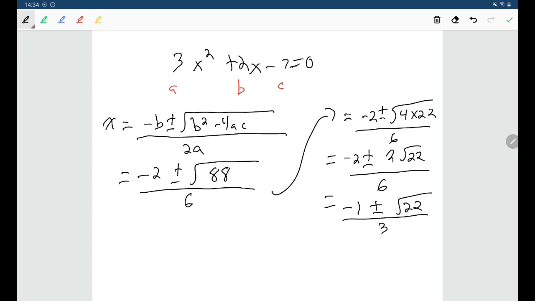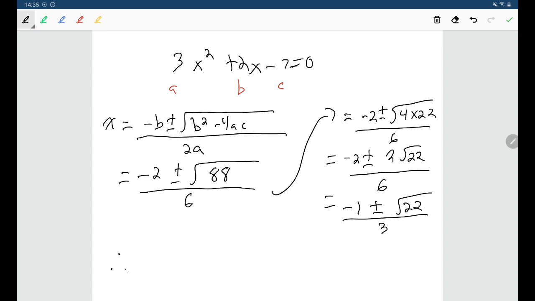And so now I have negative 1 plus or minus 1 root of 22 divided by 3. So notice here, since 2 is a factor of those whole numbers, of negative 2, of 2, and of 6, then I can divide them all by 2, leaving me negative 1, positive 1 times root of 22, and 3 in the denominator.